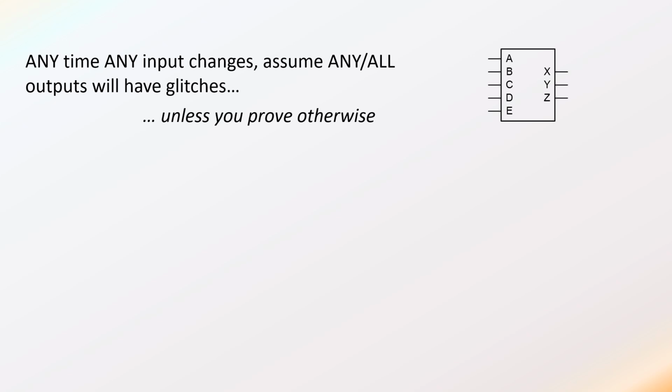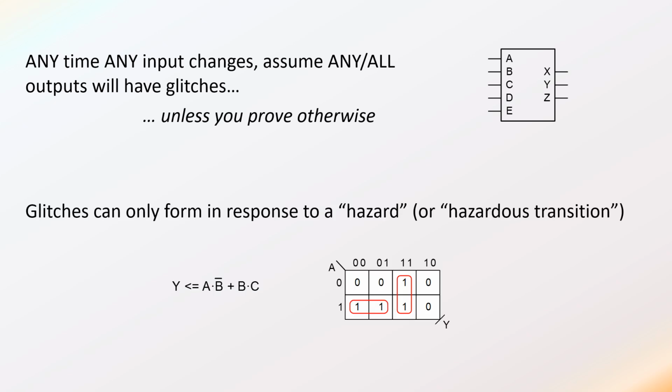So in general, as you're designing combinational logic circuits, and we'll come back to this a couple of weeks later, you should assume that combinational logic outputs glitch anytime any inputs change. Now, if we dive a little deeper here, glitches can only form in response to what's known as a hazard, or a hazardous transition.